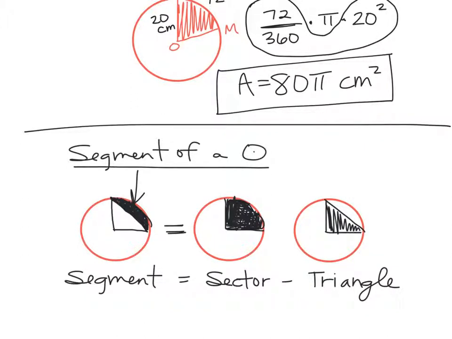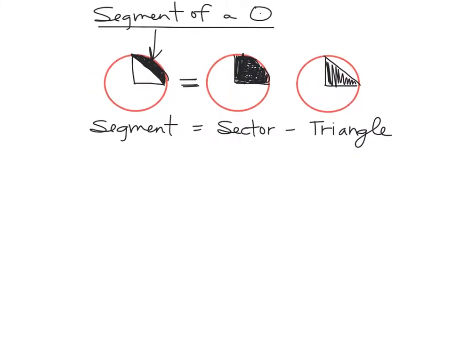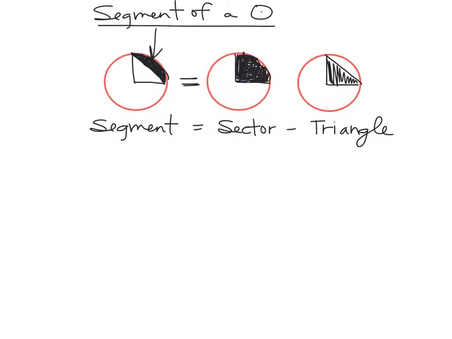You know how to find the area of a triangle, and you know how to find the area of a sector. So all you have to do is take a sector minus the triangle, and you'll get your segment. So we're gonna do one of those. Tell me to slow down if I'm moving too quickly for you.